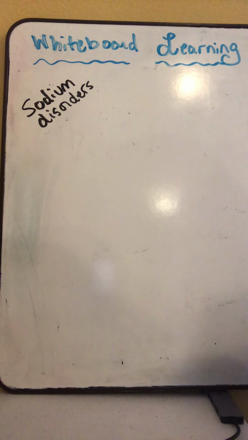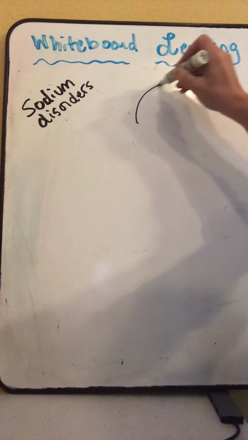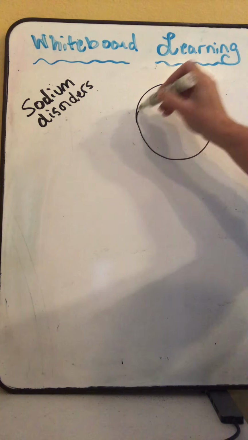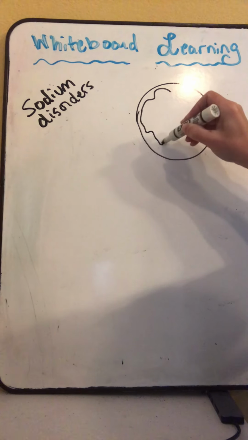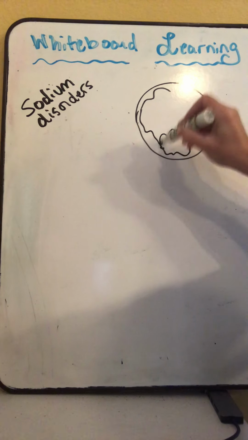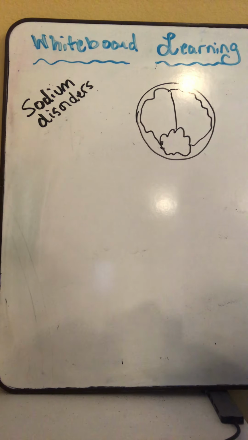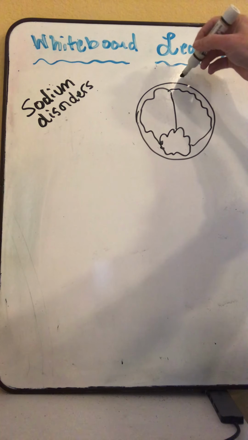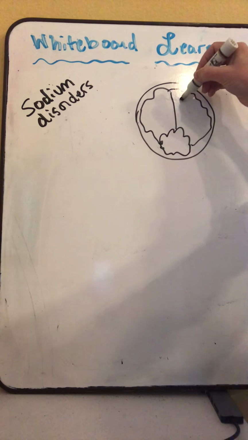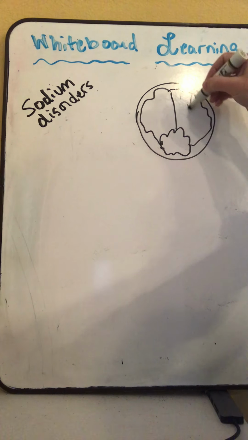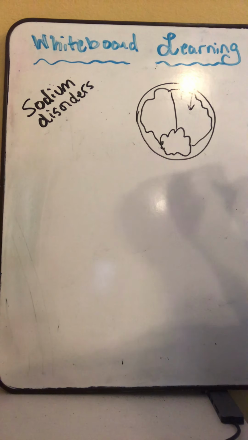So the brain being stuck in your skull, here's your little brain, put a little cerebellum in there, a little division in the middle. Your brain is stuck in this bone. And so if it tries to expand or contract, it really has a hard time.